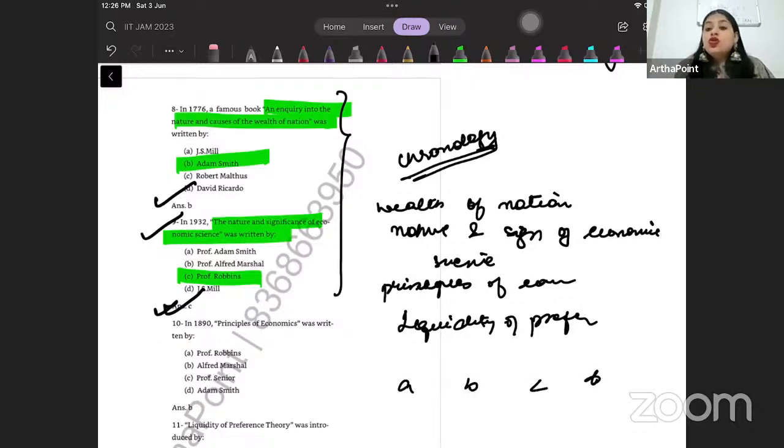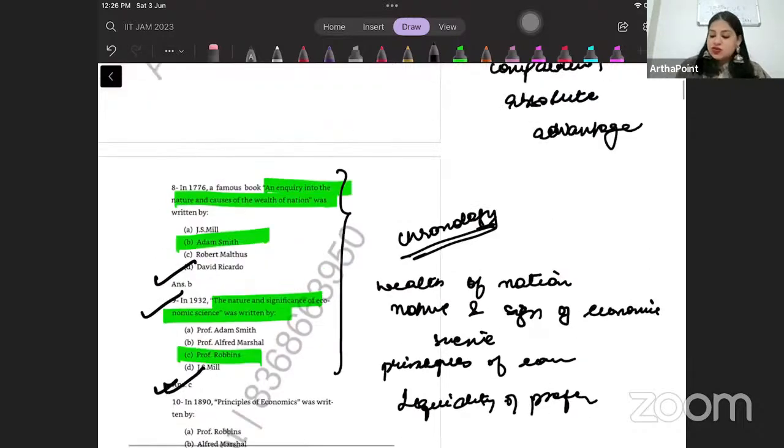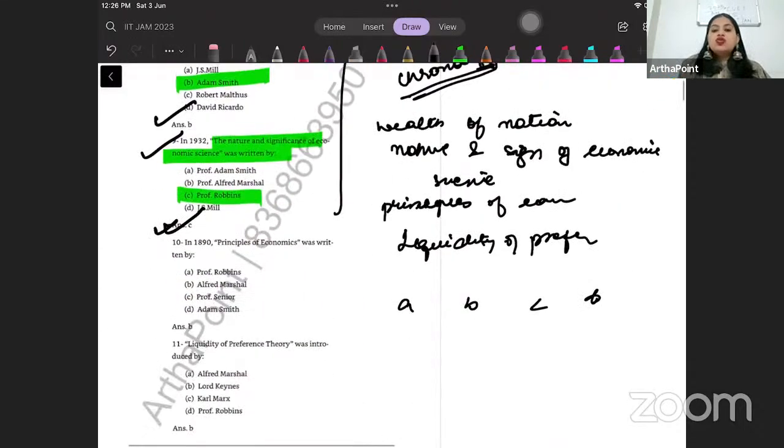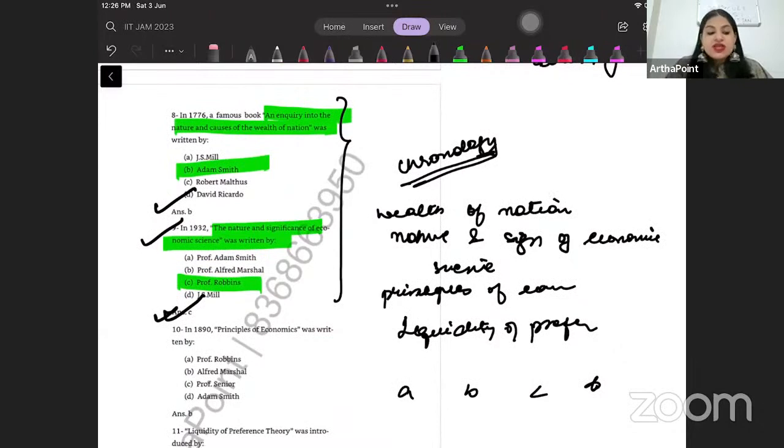So you should not only remember who gave this, but you should also remember who is, yes. So many people are saying the answer to this question as comparative advantage. That's correct. So you should not only remember who gave this, but you have to also remember which year they were given.